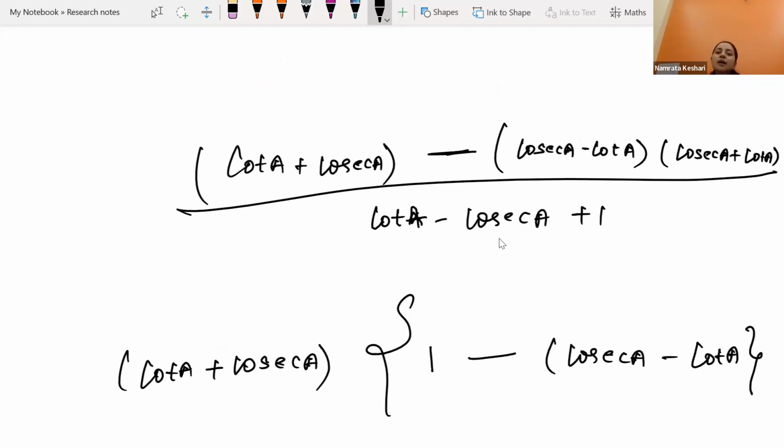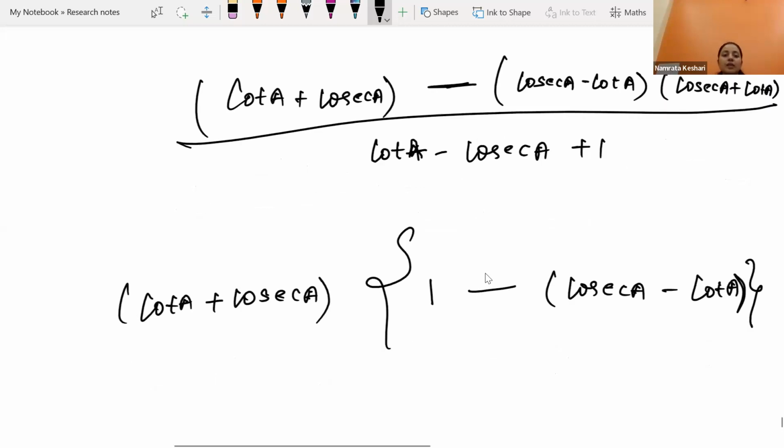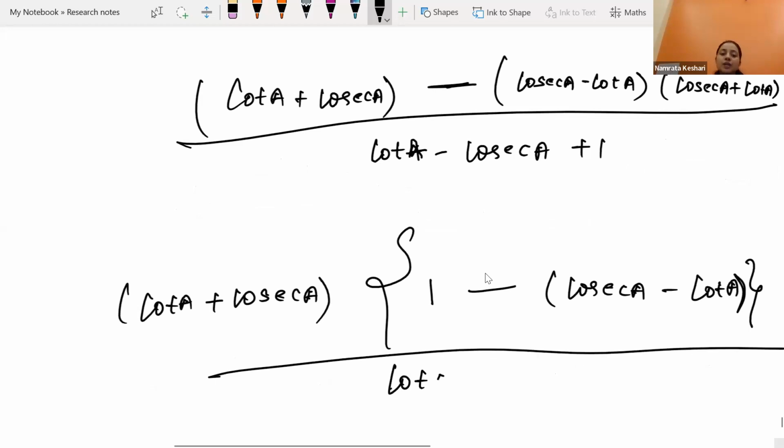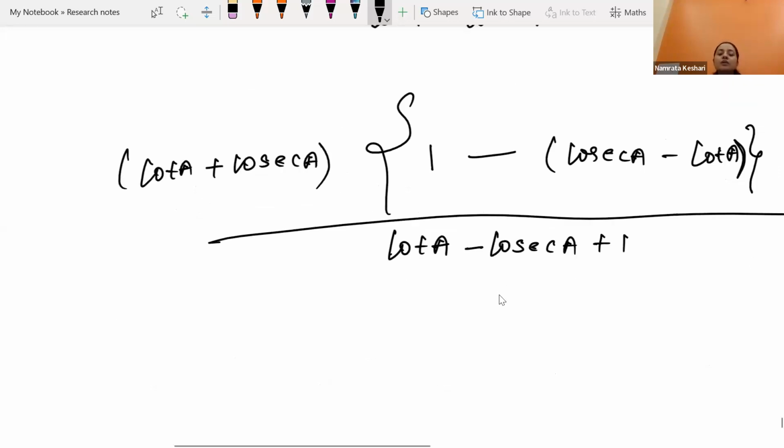Any confusion so far? No, ma'am. In the denominator we have it as it is. We are not doing anything in the denominator's part. Now let's open the curly bracket. It will be 1 minus cosec A plus cot A. And that's what we have in the denominator.